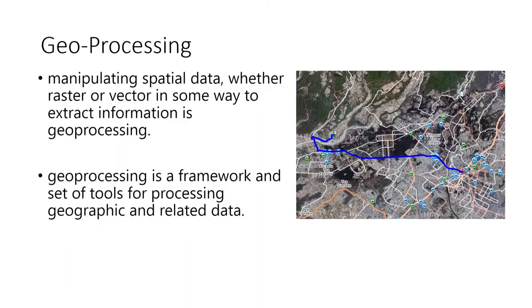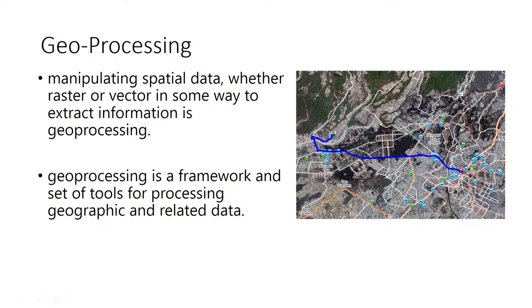So next term comes geoprocessing. As we said, geospatial data can be raster or vector data. So geoprocessing is manipulating the spatial or geospatial data, whether raster or vector, in some way to extract some useful information from that data. Geoprocessing can also be a framework and set of tools for processing geographic and related data.